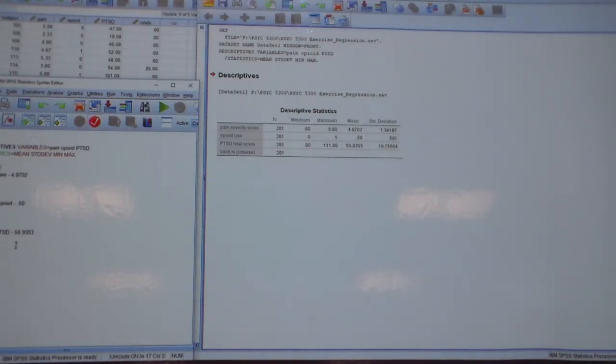So what I've done here is I've just told SPSS to create 3 new variables. These 3 new variables are going to be my centered predictors.